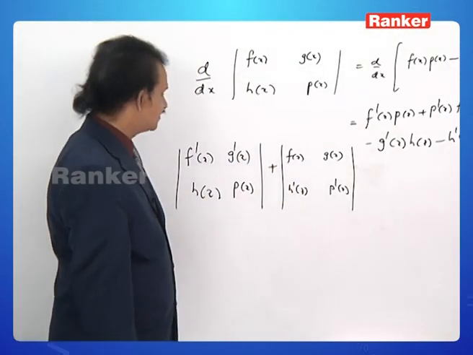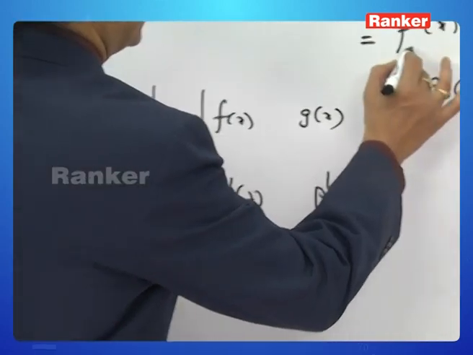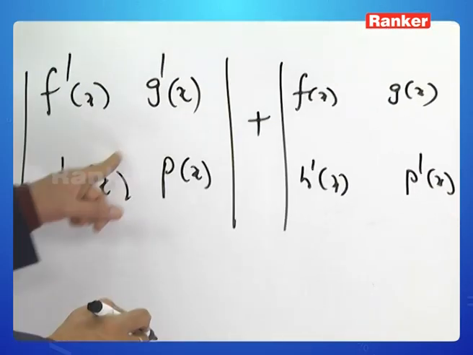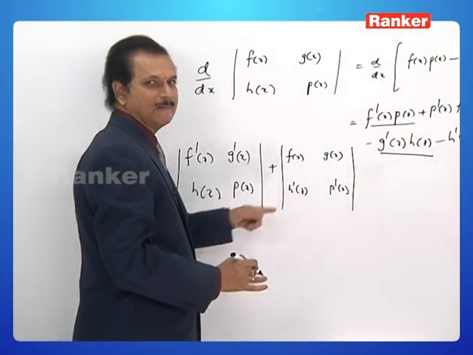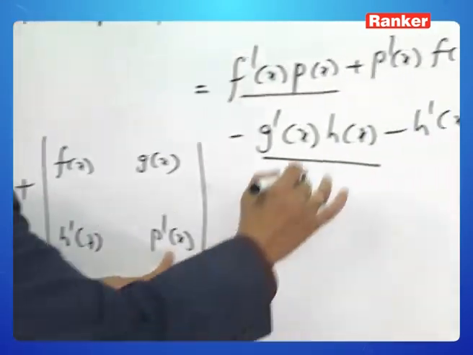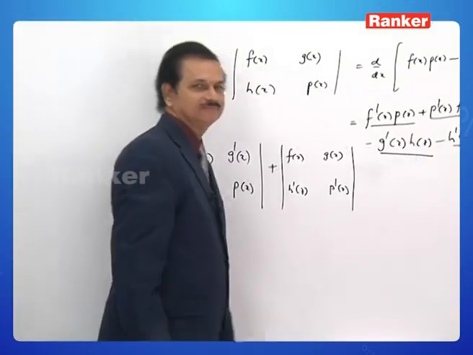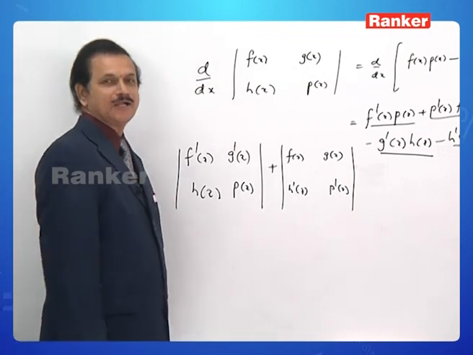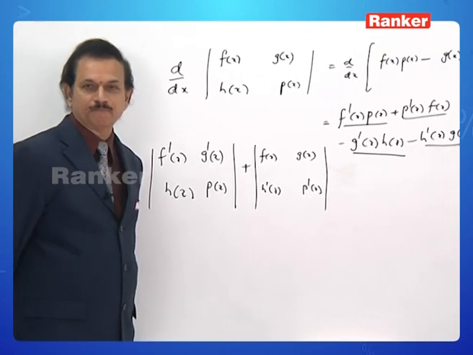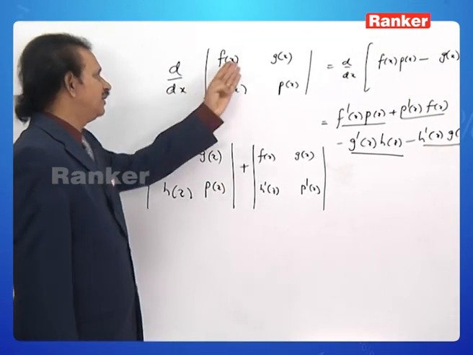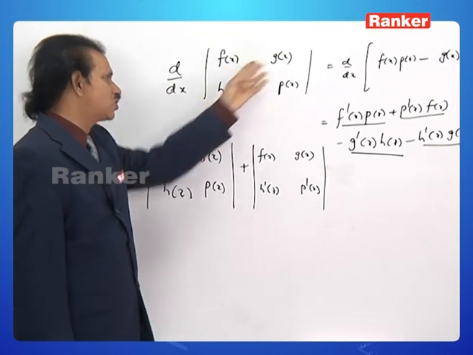Come on dear, find the sum of these two determinants. F dash x into p of x, we have got, minus h of x into g dash x, we have got, plus f of x into p dash x, we have g of x into h dash x. So what can you understand? If a determinant like this is given, you find the derivative of all the elements or functions which lie in the first row.